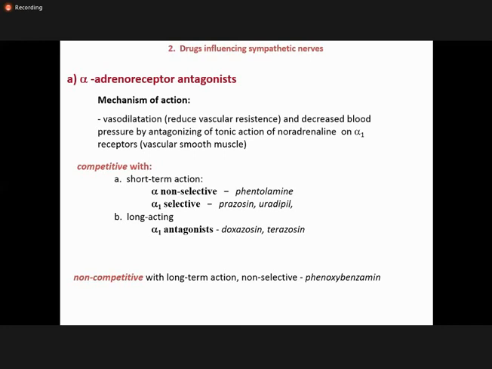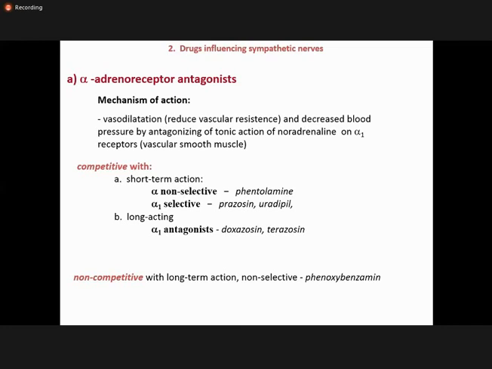Now, the second important group: drugs influencing sympathetic nerves, and a few points I have already discussed with you. Due to stimulation of the sympathetic nervous system, what will happen? Stimulation of adrenergic receptors, alpha receptors and beta receptors, and there is another group of receptors called dopaminergic receptors. So, stimulation of the alpha receptor, more specifically alpha 1.